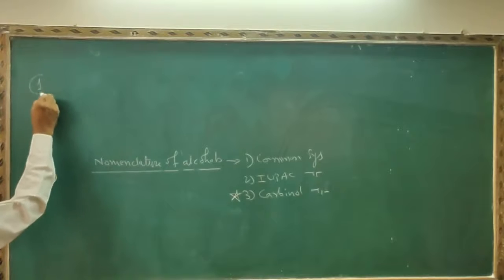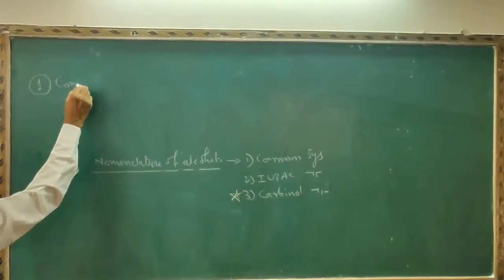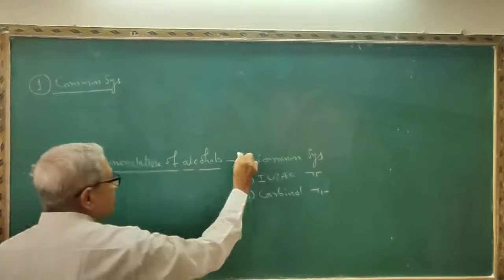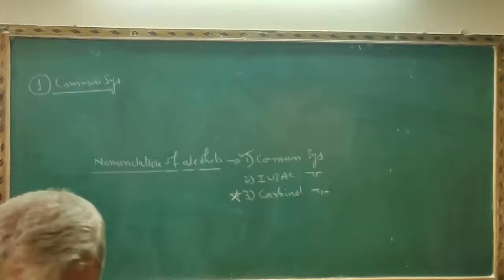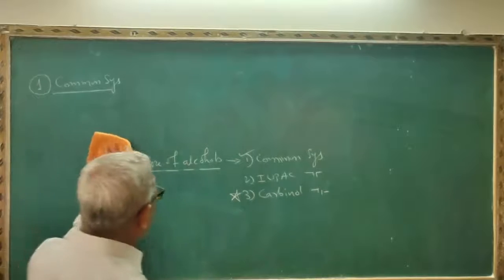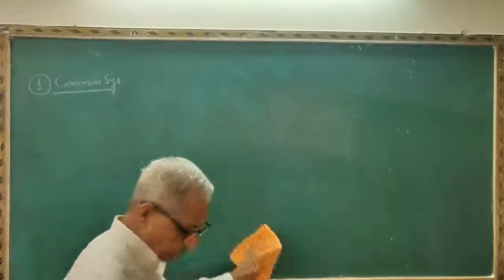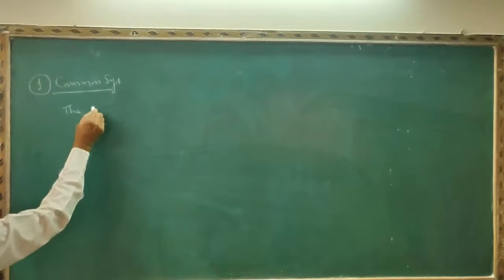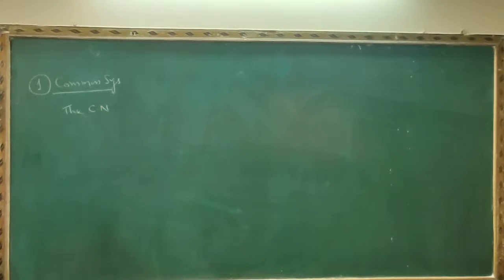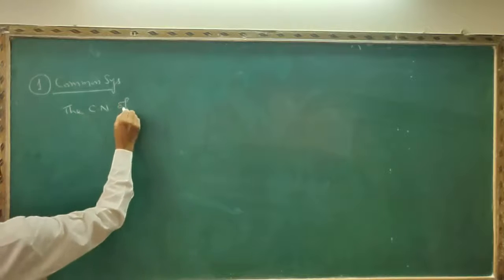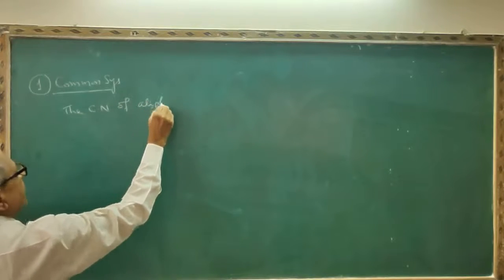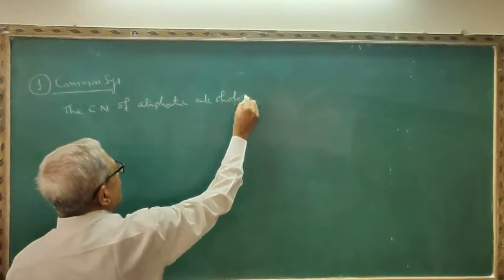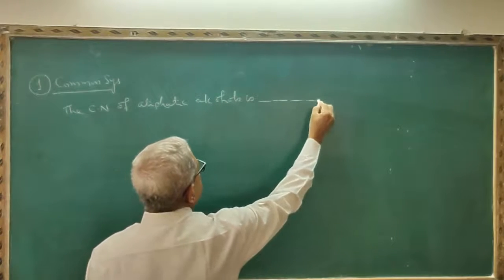So first point here, that is a common system. I will explain this point here. The first question on the common system. The common name, CN stands for common name, of aliphatic alcohol is dash dash.